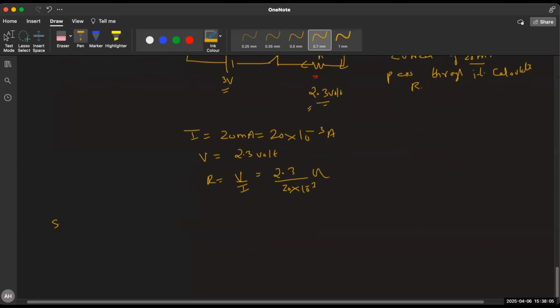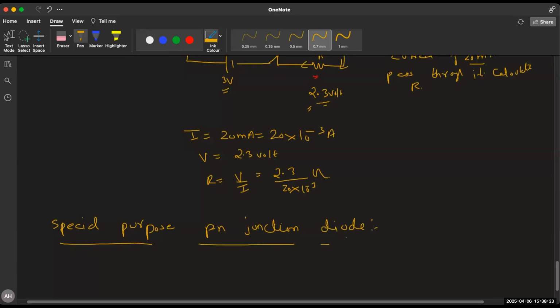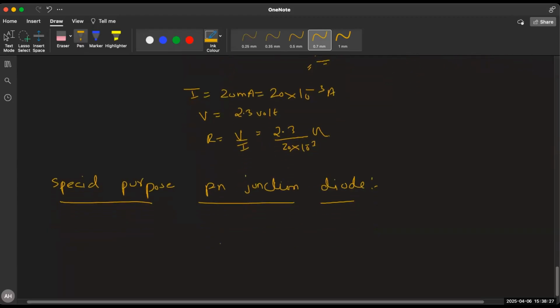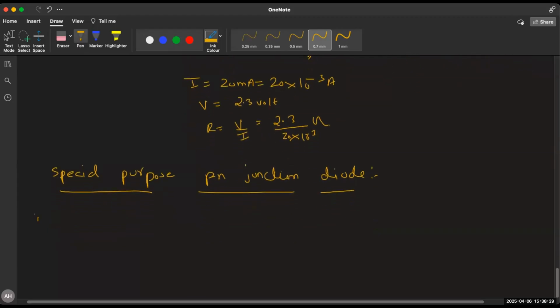After this, we have special purpose PN junction diodes. In a special purpose PN junction diode, the first diode is the Zener diode.